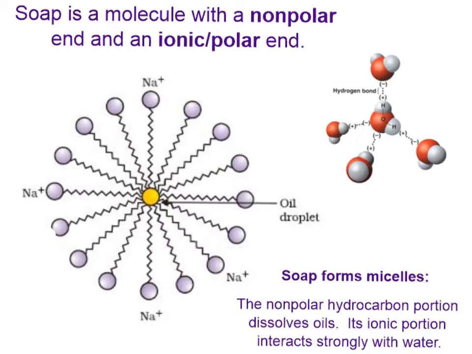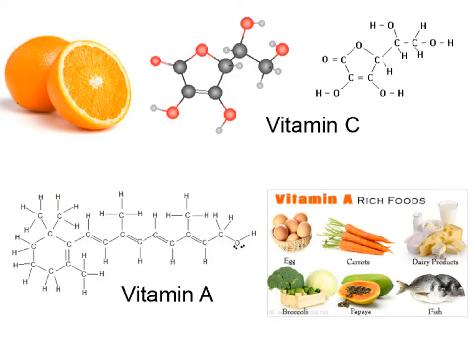It should look really familiar to you from biology. Think about cell membranes and how those are formed and what compounds make up those. So let's look at how some of these ideas about solubility and polar versus nonpolar molecules apply to vitamins.